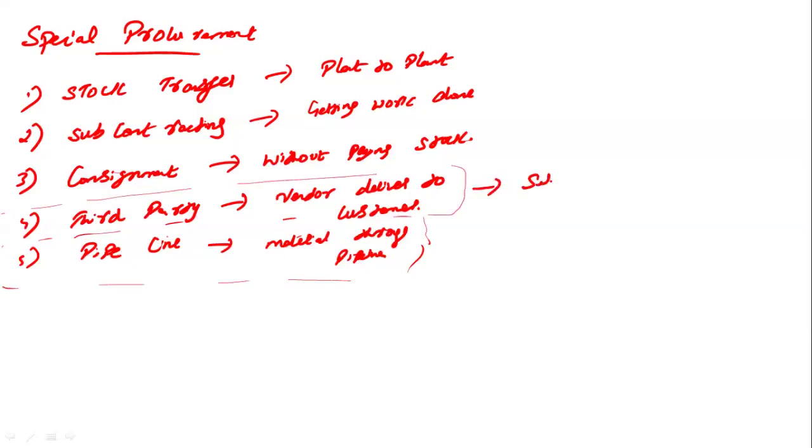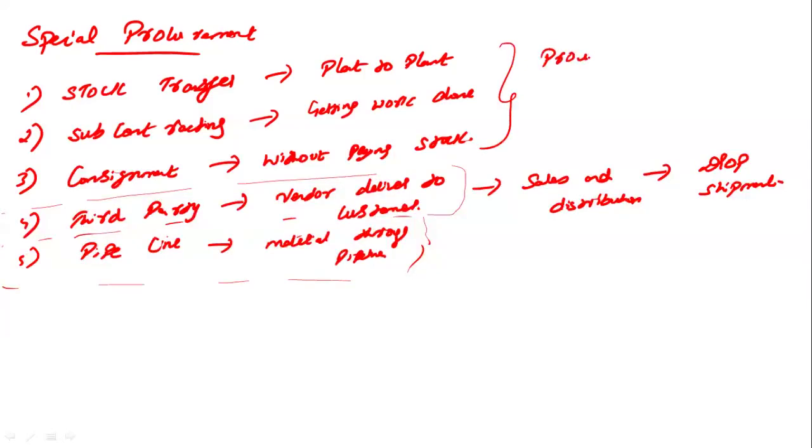This is handled by sales and distribution. We also call this shipment a drop shipment. So third party is completely handled by sales and distribution, and it is also called drop shipment. So these 3 are different types of procurement which come under procurement.